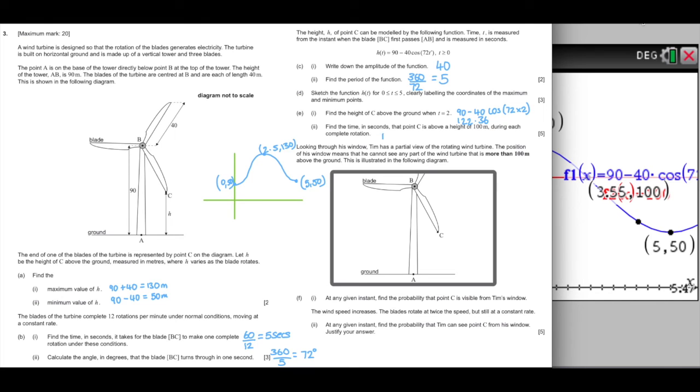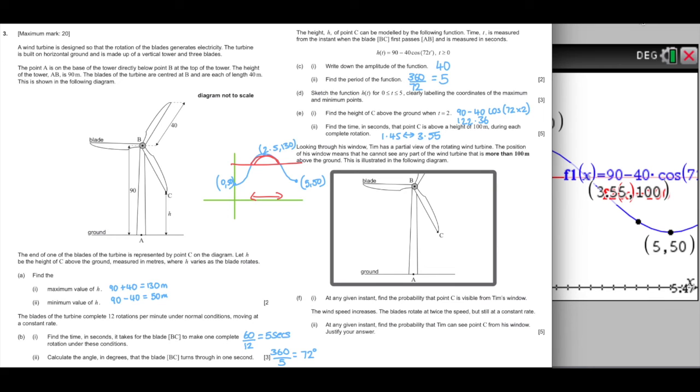So the whole time between 1.45 and 3.55, in between here and here, the graph is above 100 meters. So essentially I've drawn on, and this whole time in the middle, that whole range of time, it's above 100 meters.